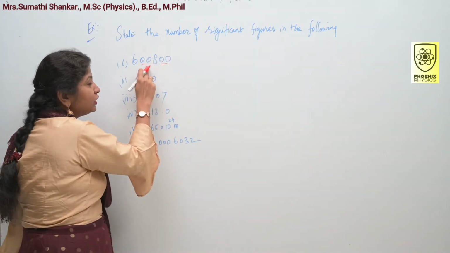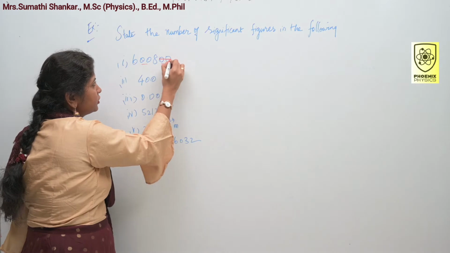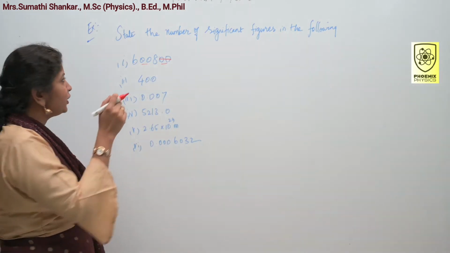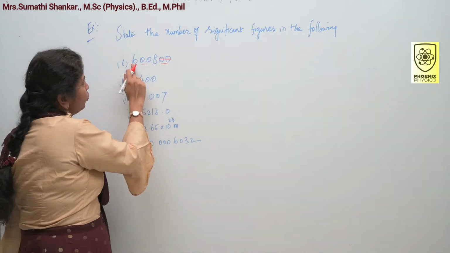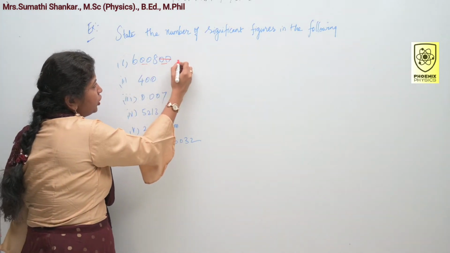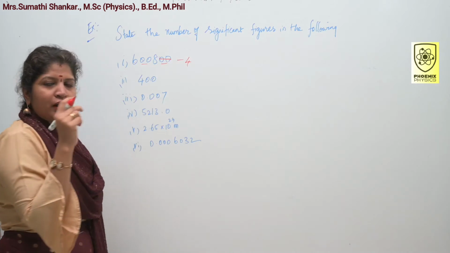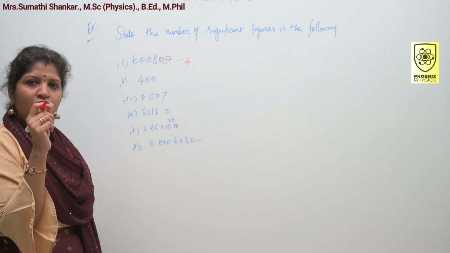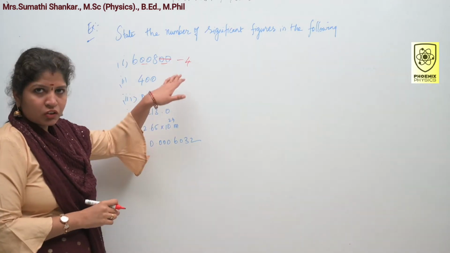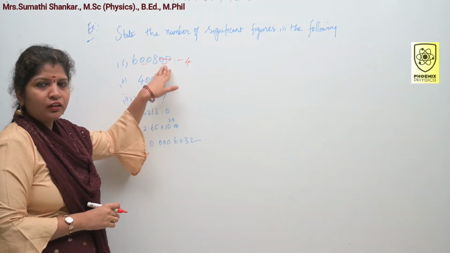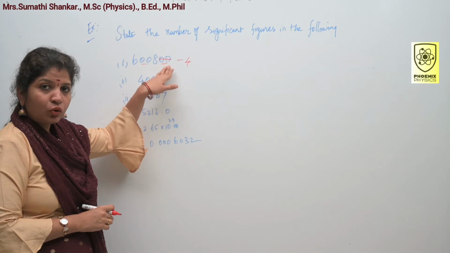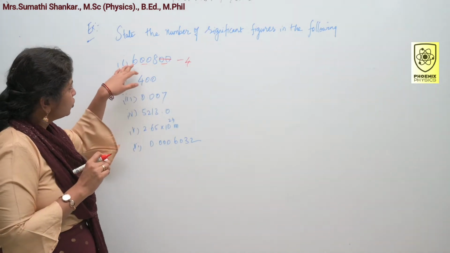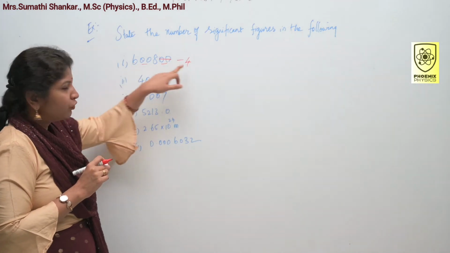Without a decimal point you cancel this. 1, 2, 3, 4. You know that trailing zeros without a decimal point are not significant. Based on the rule, we are not counting the trailing zeros. So significant figure is 4.